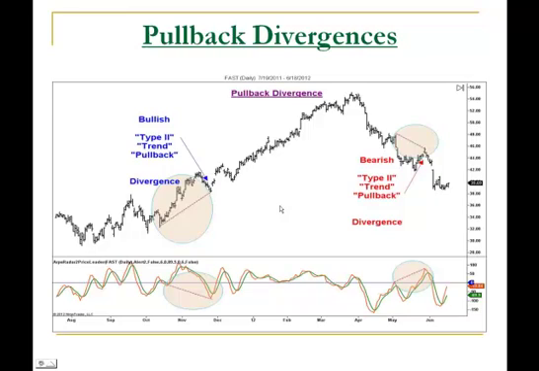So what is a pullback divergence? A pullback divergence, which is also known as a type 2 divergence or a trend divergence, is a continuation of a trend, so it's a pullback in the trend. If we're in an uptrend, a bullish pullback divergence is when you see the price making higher lows.